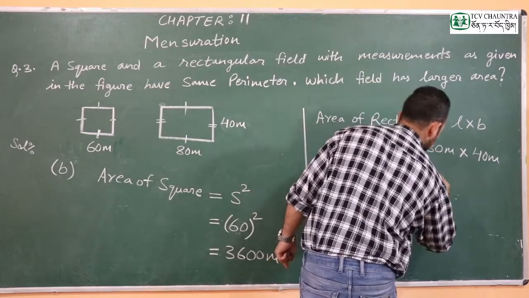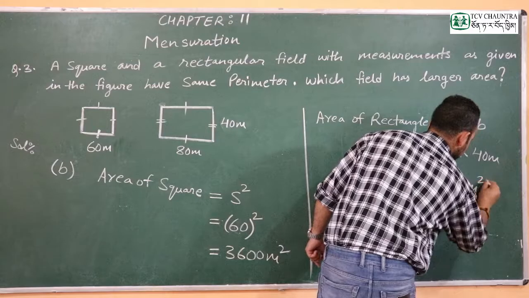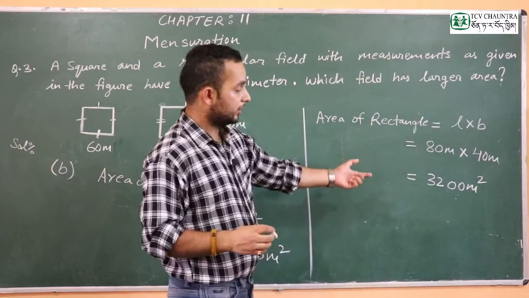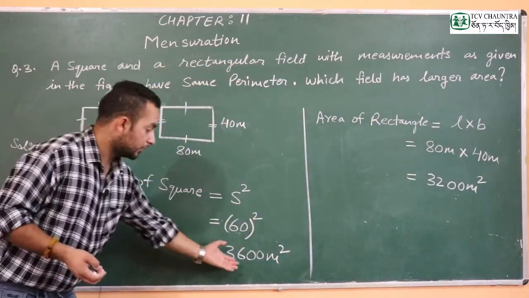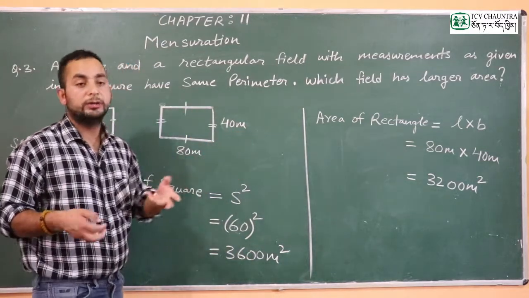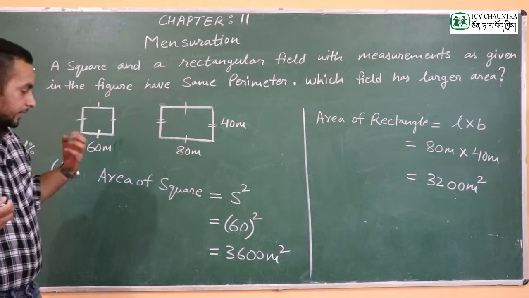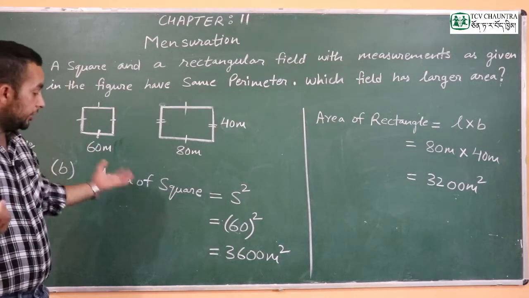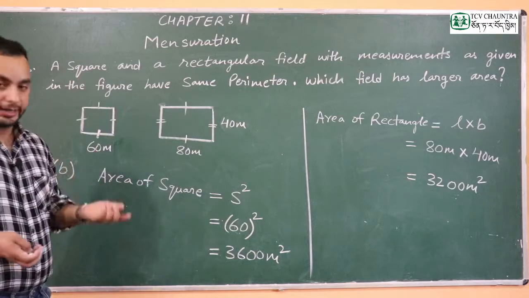So 8 fours are 32, so 3200 meter square. The area of the square is 3600 meter square and the area of the rectangle is 3200 meter square. Okay class, now it's clear that the area of the square is more than the area of the rectangle.